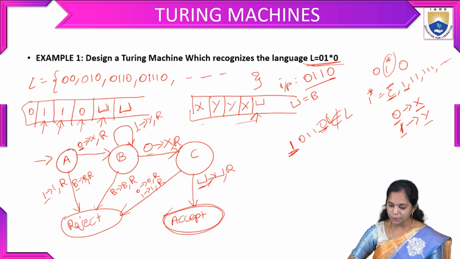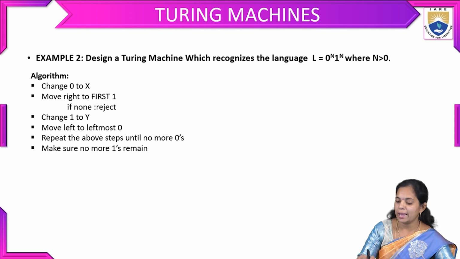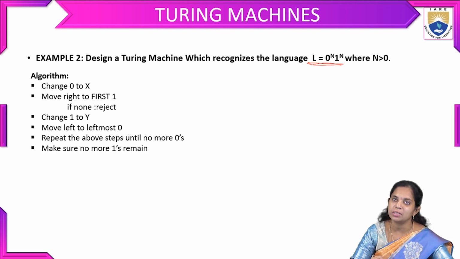And next example, the language 0 power n 1 power n. This kind of language, we can't design a finite automata for. Why? Because there are n number of zeros and n number of ones, and how many n's there are, we can't find.